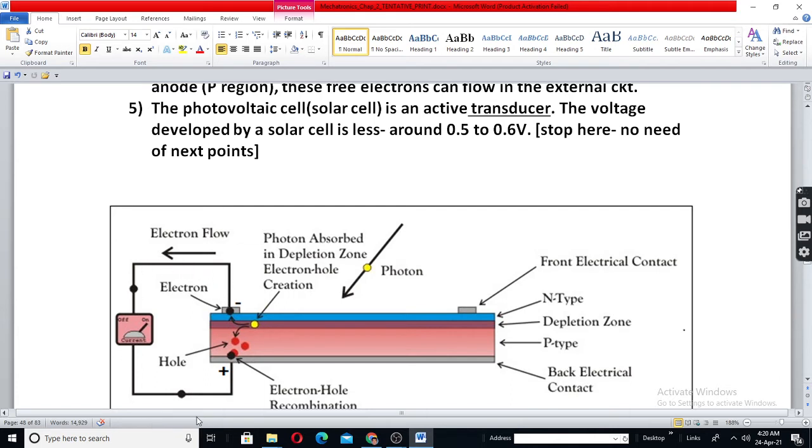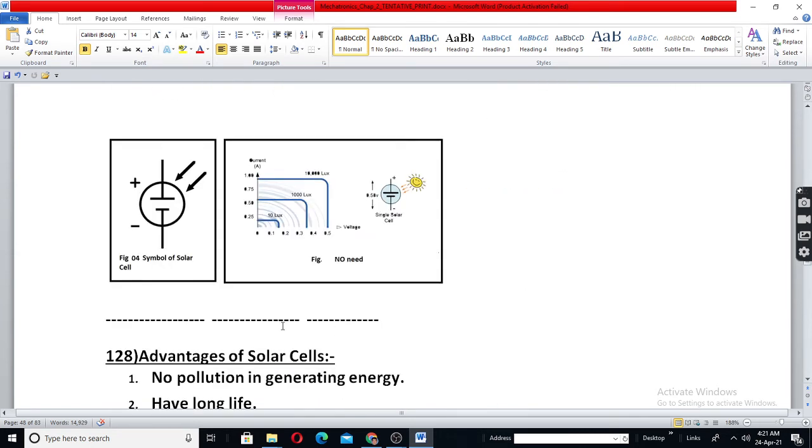Because if you just connect a wire, current will flow, but it may be less if there is only one or two cells. You may need amplification. But if there are a lot of cells connected in series, you will get higher voltage. If connected in parallel, you can get higher current. This is the symbol. When light falls on it, a voltage is developed. No need of this figure.